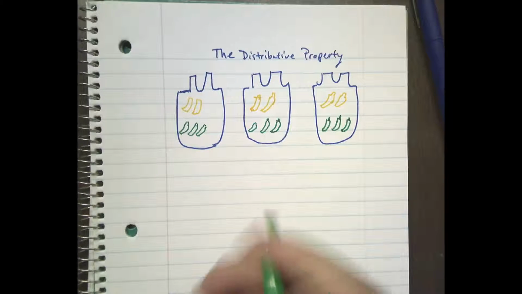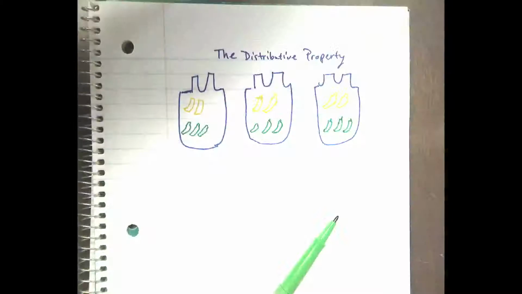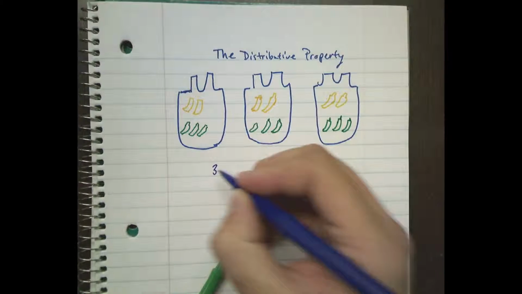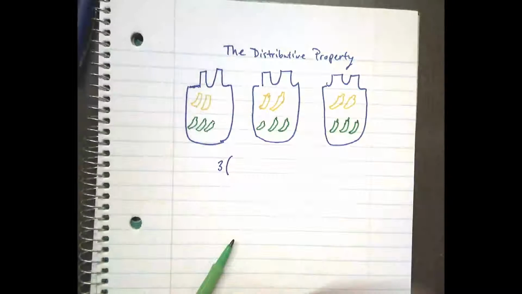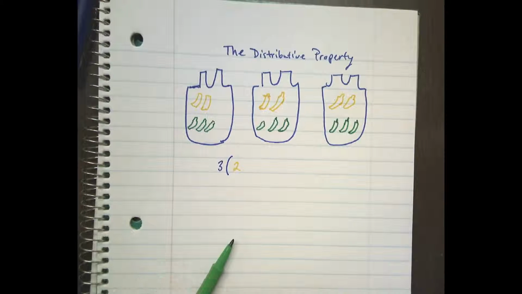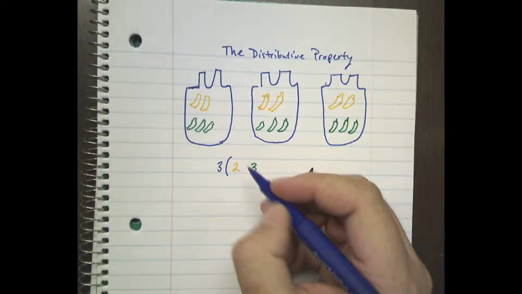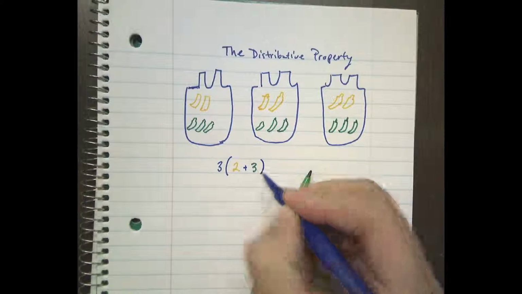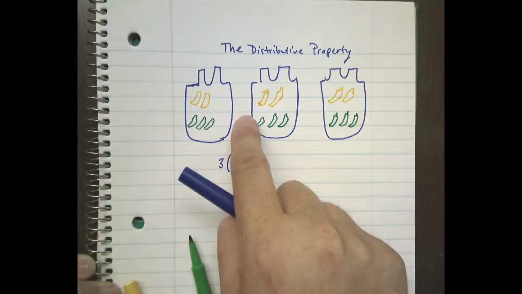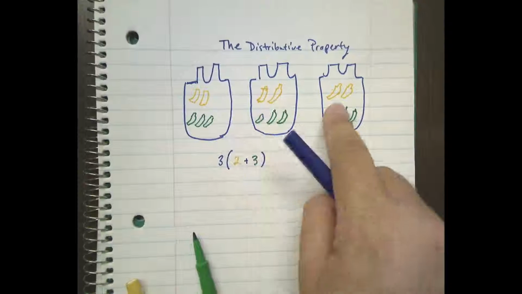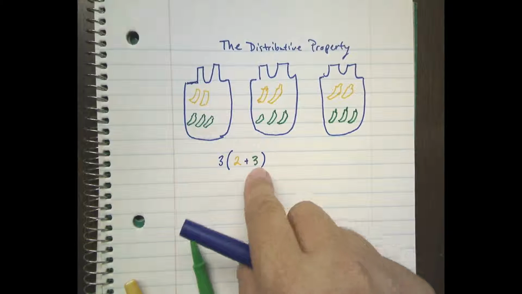Since you have 3 bags, all you would have to do is multiply that with my 2 yellow bananas plus my 3 green bananas. So I have 3 grocery bags, with 2 yellow bananas in each bag and also 3 green bananas in each bag.